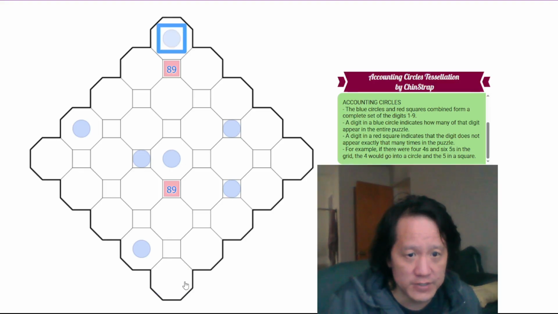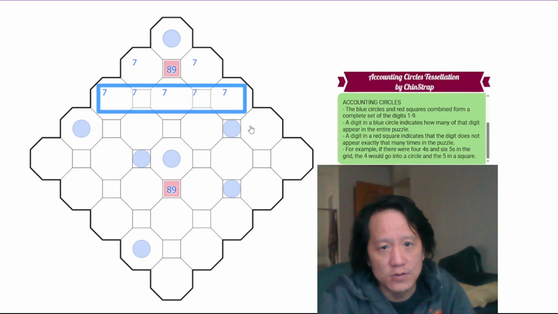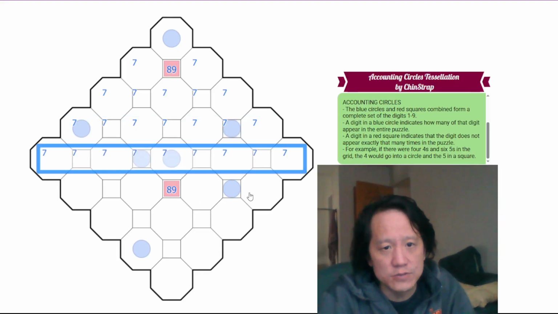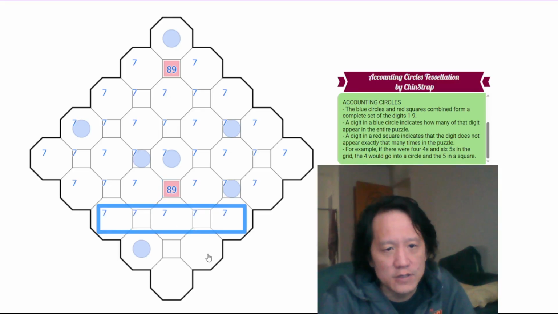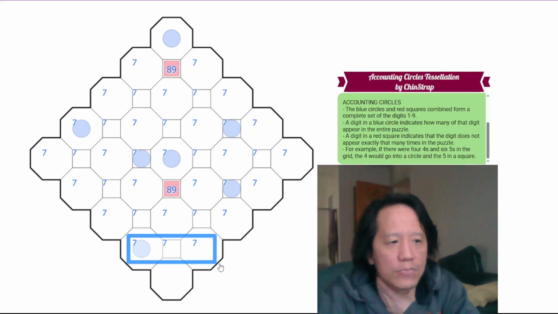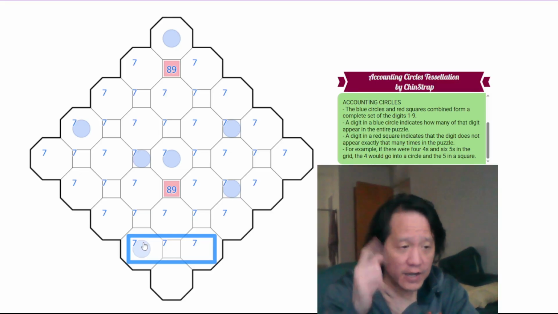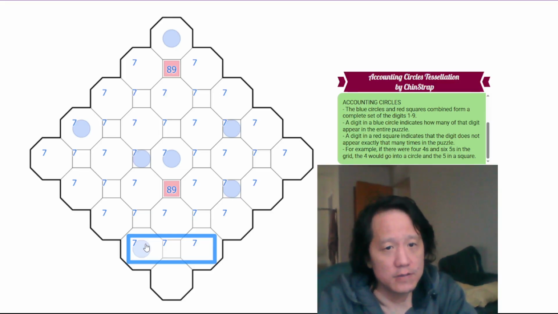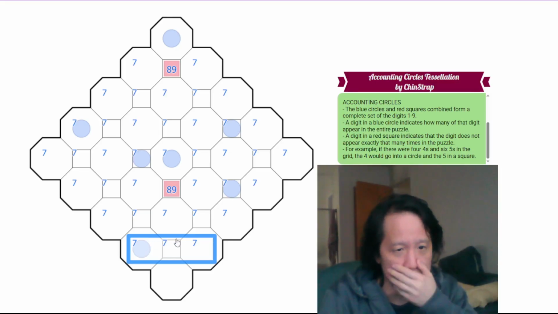Therefore, we know a 7's not here, a 7's not here. We have to have 7s in all the other rows. So 7 has to be in here, obviously not there, here, or here. Because we also need 1 of 8 or 9 in 7 of the rows also.